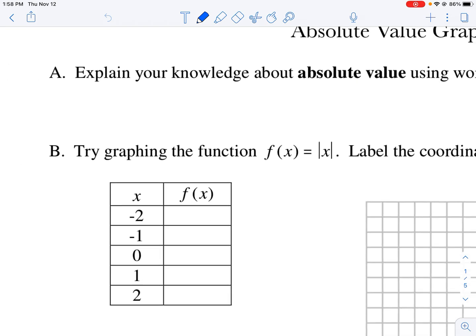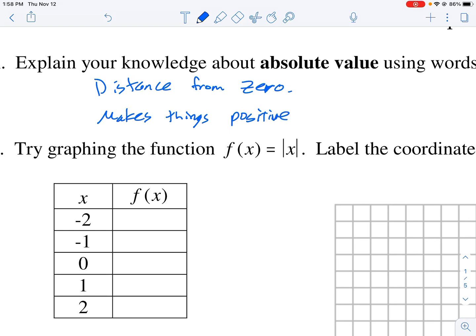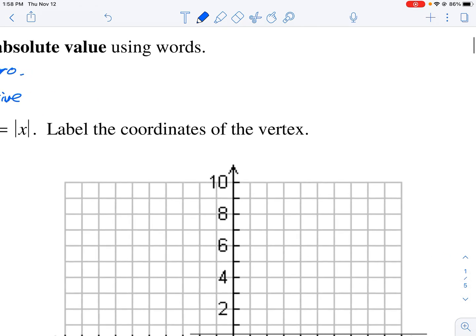But before we dive in, you have to remember what absolute value means, which is distance from zero. Which is kind of a weird definition, but what it ends up doing is it makes things positive. So if you have the absolute value of -2, it turns it positive, makes it 2, because -2 is 2 away from 0.